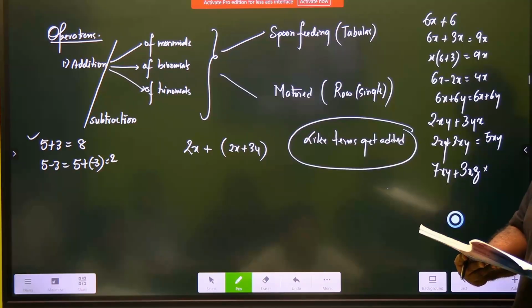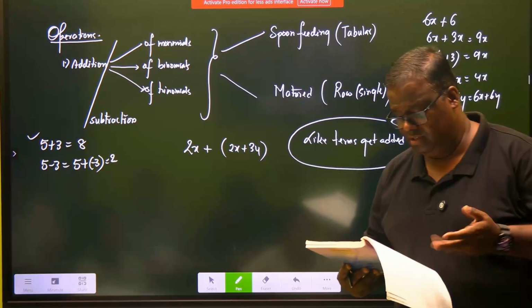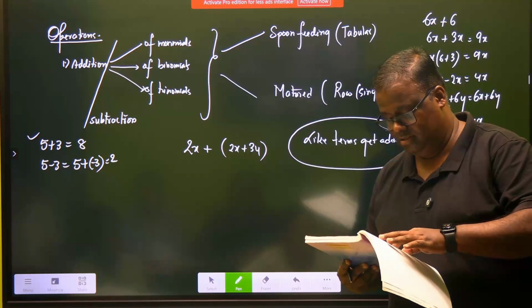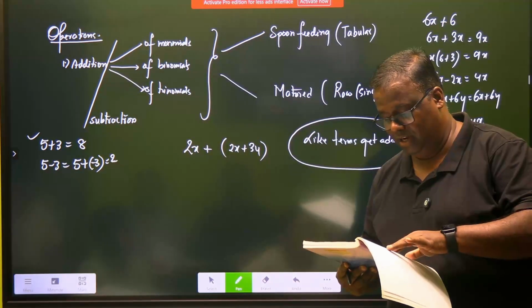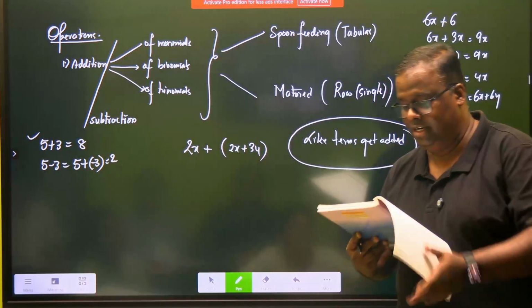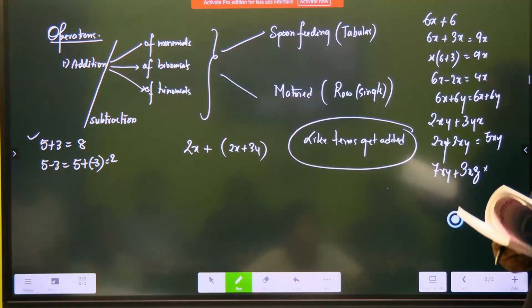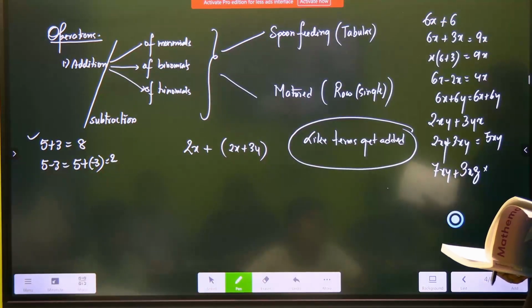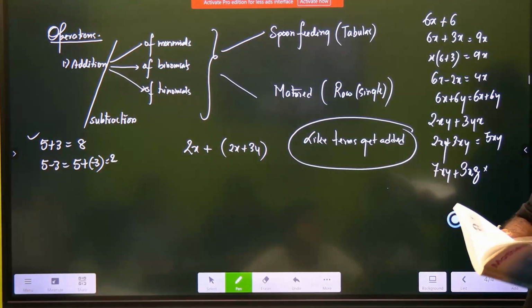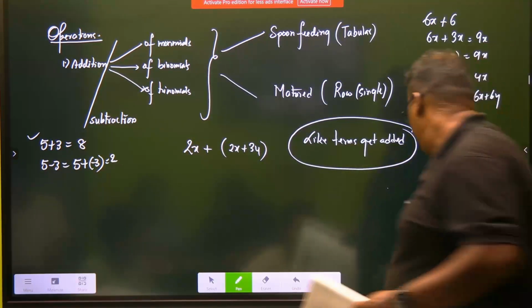Where is the chapter going? I get so irritated when I don't find it immediately. Yeah, operations, 83. Let's do some problems, okay?